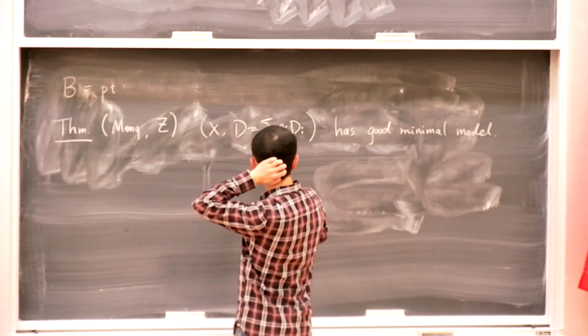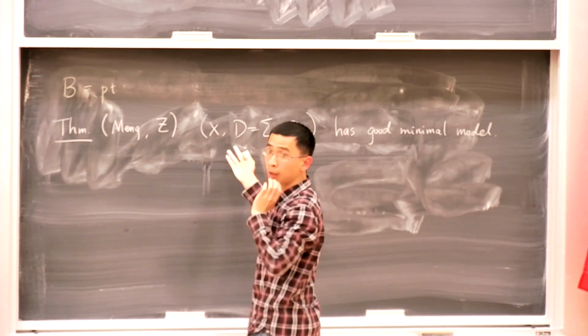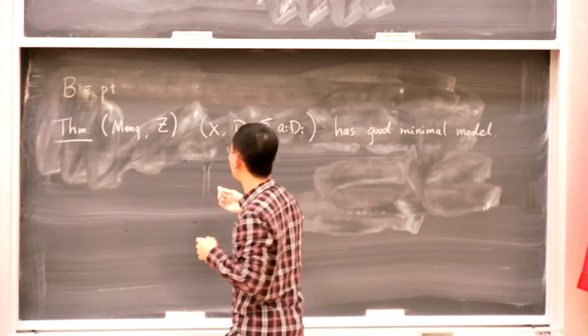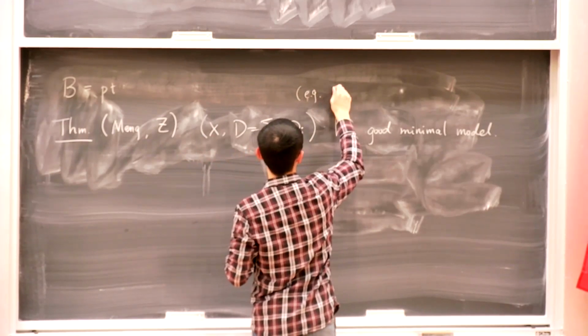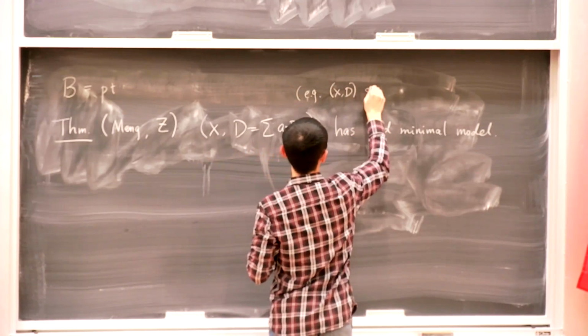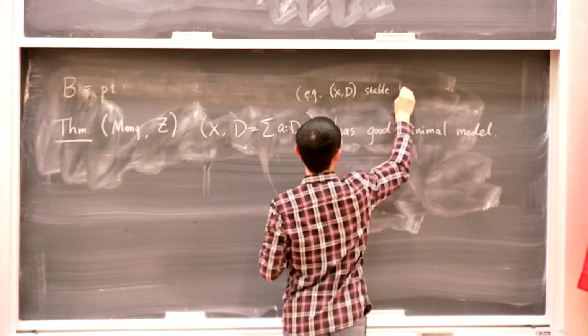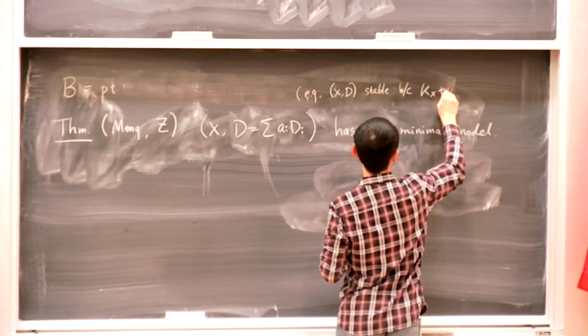In particular, this would be true if the pair is stable, because K_X + D is ample.